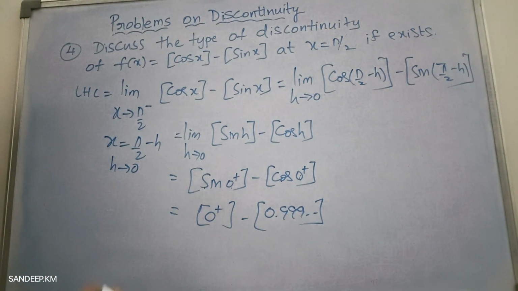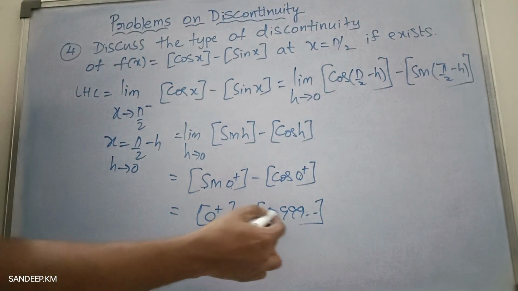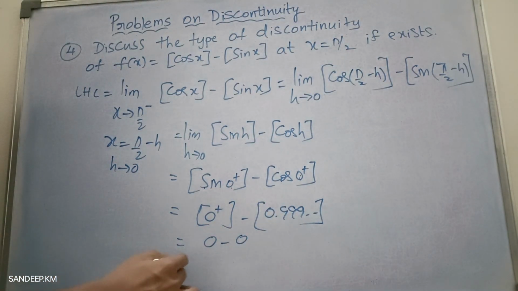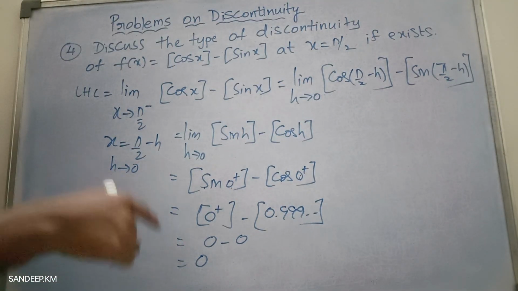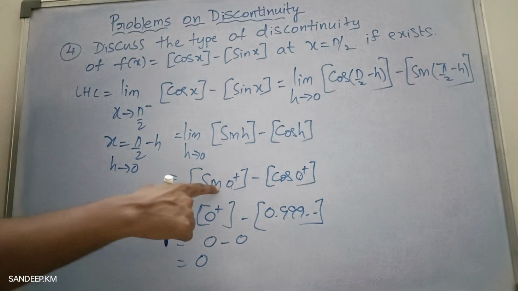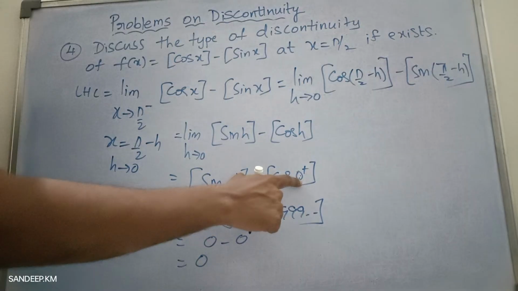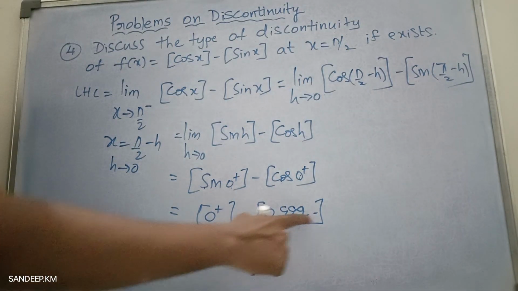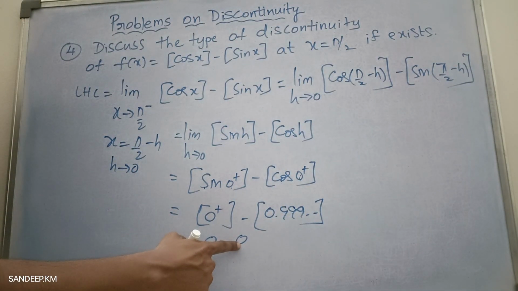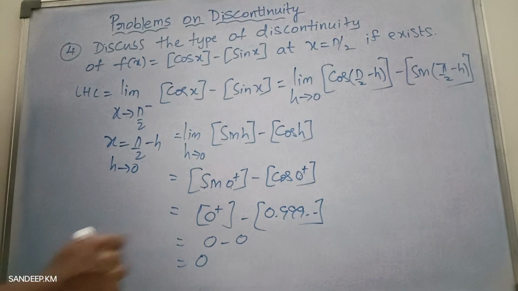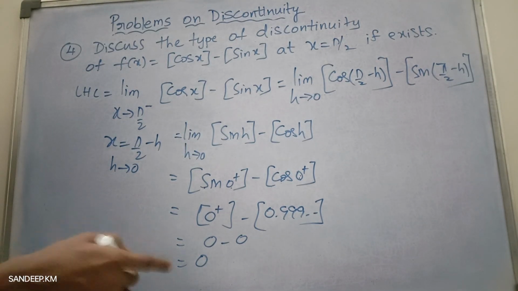Think about it. So step of 0 point something is 0, and here step of 0.99 something is also 0. The left hand limit is 0. What happens if you directly substitute h as 0? You will write cos 0 as 1, and step of 1 you will write 1, and you will get 0 minus 1 as minus 1. That is the mistake students will do.